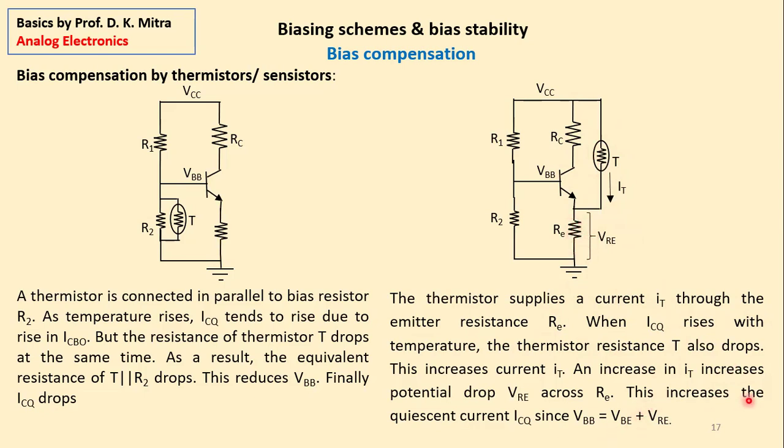If the drop across RE increases, then this potential goes up. If this potential goes up, then obviously the base current will go down, because the base current is supplied by the potential VBB and the reverse potential is going up. So the increase in IC will be compensated by the decrease in the base current.